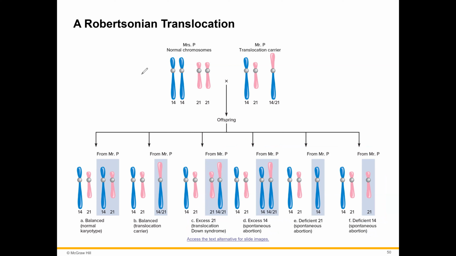But we just looked here at the example of how Down syndrome can be caused by translocation. So this is the one that runs in the families. Another type of Down syndrome is caused by non-disjunction, that's a new mutation that arises. Right? It doesn't run in the families. Okay.